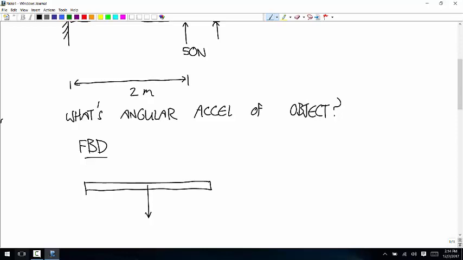And that's 10 kilograms times 9.81, so 98.1 newtons down. And then we have 50 newtons acting here. And then over here is the axis, the hinge that it rotates about.